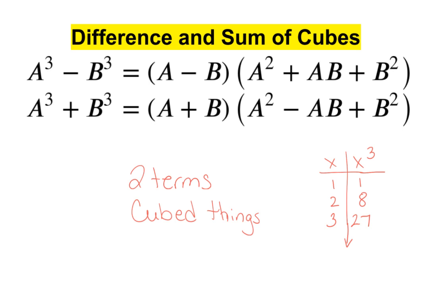So one way to think about these signs and to remember these signs is an acronym called SOAP. SOAP stands for same, opposite, always positive. Same, opposite, always positive.